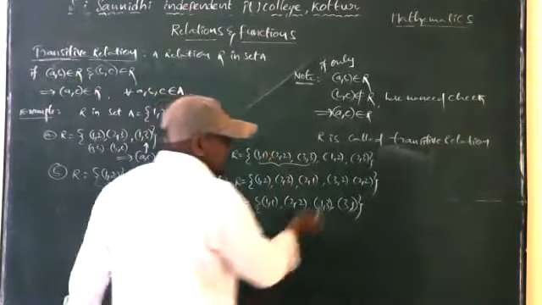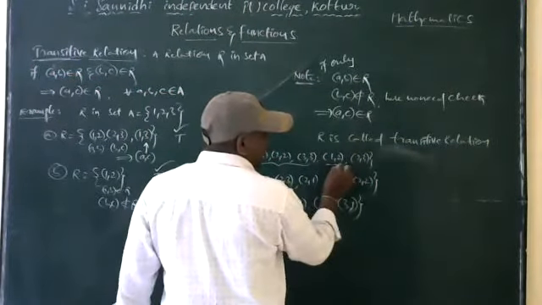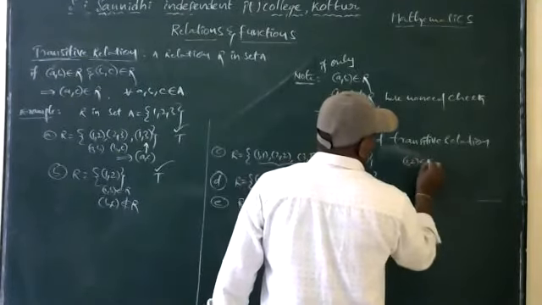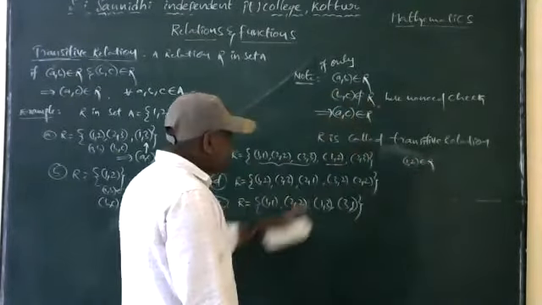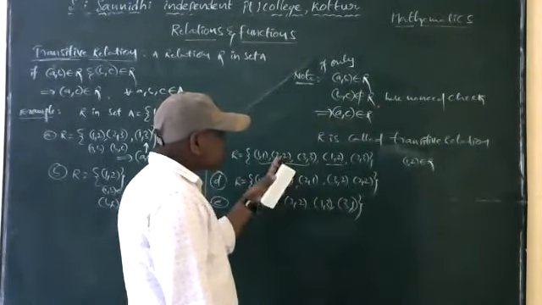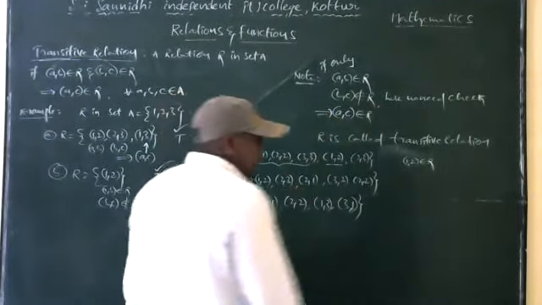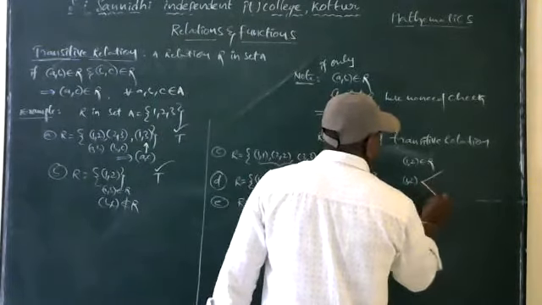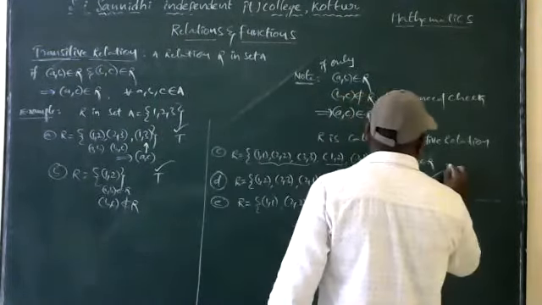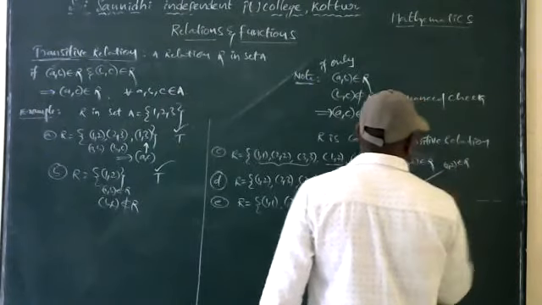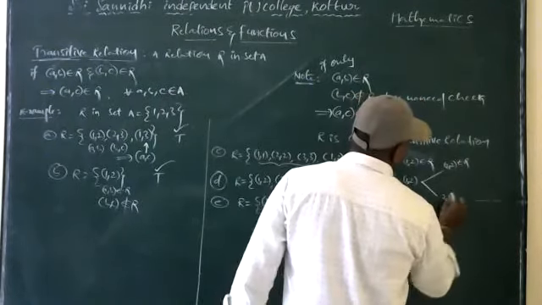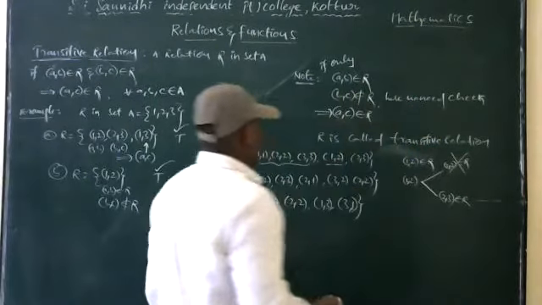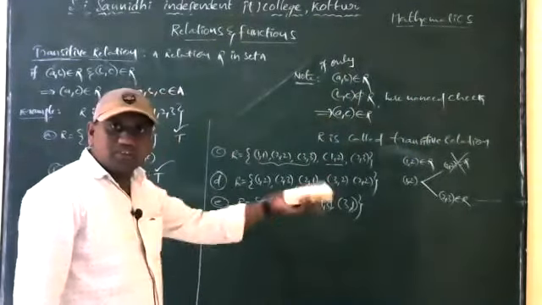You have to check the case 1 comma 2, which belongs to R. Then 2 comma 2 belongs to R, and 2 comma 3 belongs to R. Doublets need no check.